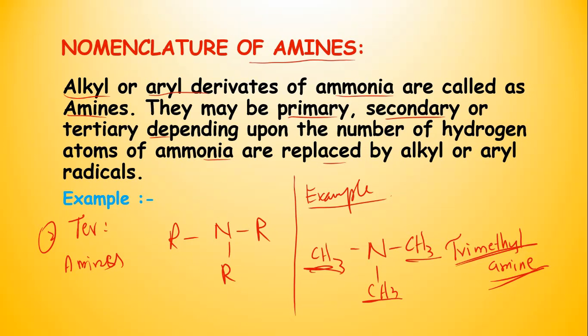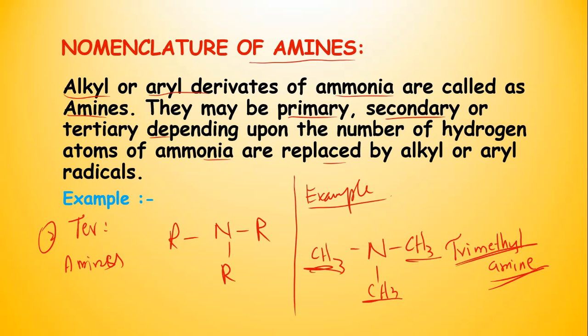So right now I gave you three different types. First of all, we discussed what an amine is. An amine is formed when we displace the hydrogen atom of ammonia by an alkyl radical like CH3 or C2H5, methyl or ethyl.